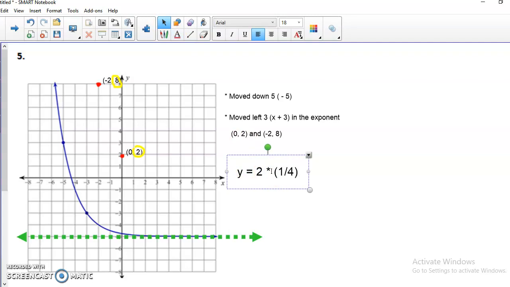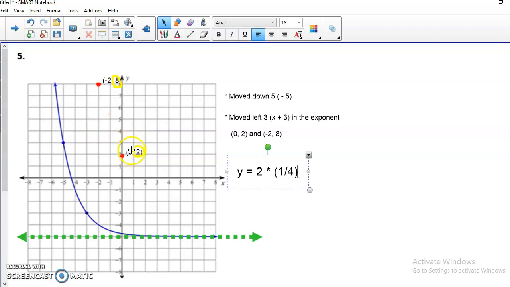And again, if you think about it ahead of time, to have growth or decay, it'll help with that part right there, knowing is it a whole number or a fraction. That one has to be a fraction. Okay, now as far as the exponent goes, we know we moved left 3, but we haven't checked to see if we have a horizontal stretch yet. And if you see here, remember you have a horizontal stretch if it jumps from 0 to a different number.